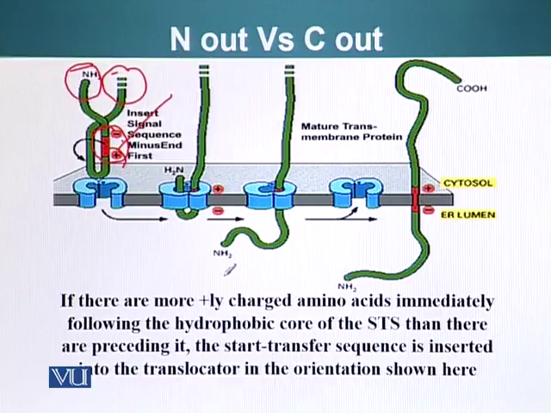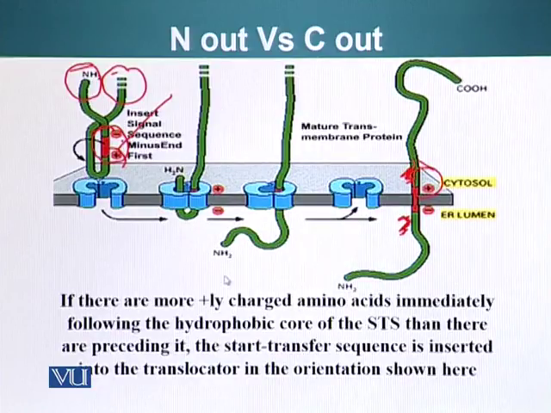Basically, the positively charged amino acids are prevented from entering the lumen of this translocator. However, the negatively charged amino acids can relatively easily get through this translocator. So here, for example, the negatively charged amino acids are closer to the amino terminus in this case, and positively charged amino acids are closer to the carboxy terminus. So this is basically how we end up with proteins which have amino terminus in the lumen of ER.